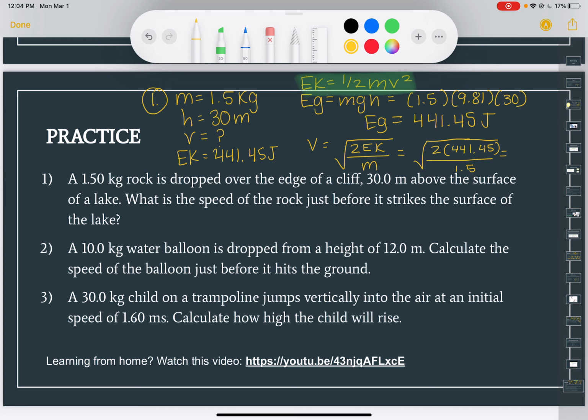Just gotta do this out of my calculator. I get an answer of 24.26.